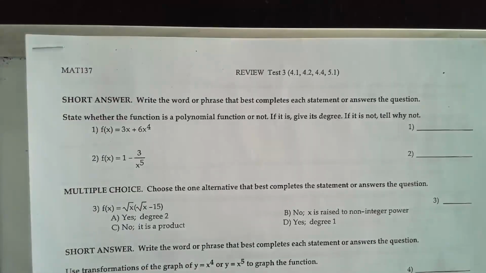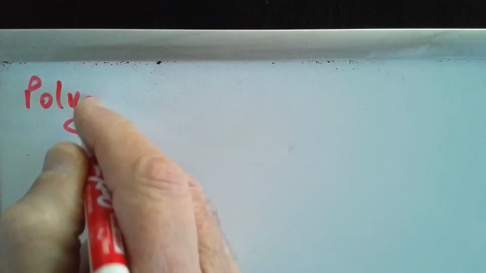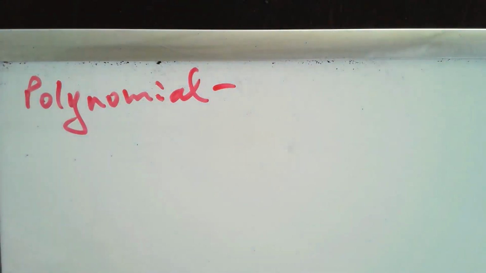Question with problem 1. Okay, state whether the polynomial is a function or not. If it is, give the degree. So basically, the definition of a polynomial is a non-negative integer.